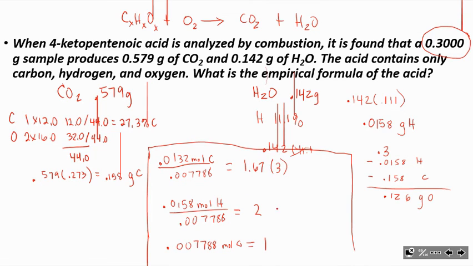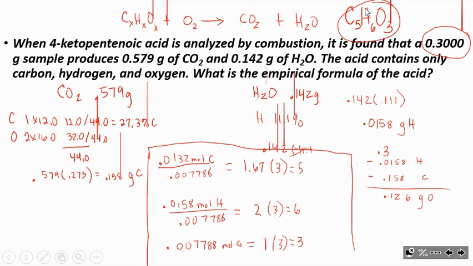So we're going to multiply everything here by 3. So this will end up being 5, this ends up being 6, and this ends up being 3. So our formula for our answer is going to be C5H6O3. And that'll be our answer for this one.